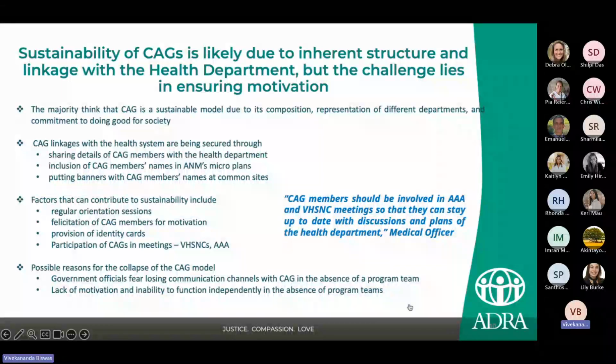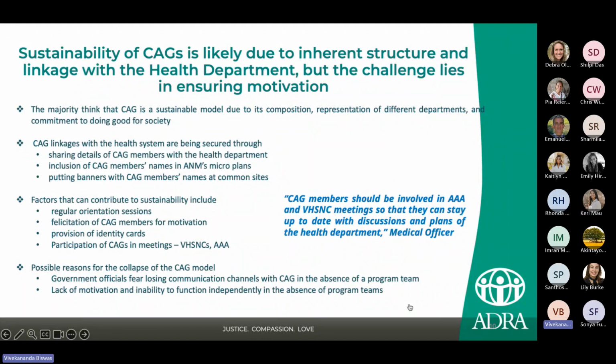And one of the most critical components is the felicitation of the CAG members for their motivation, because of whatever they are doing for their own community, their own village. For that, a little motivation, a little recognition or felicitation is a huge thing for them.